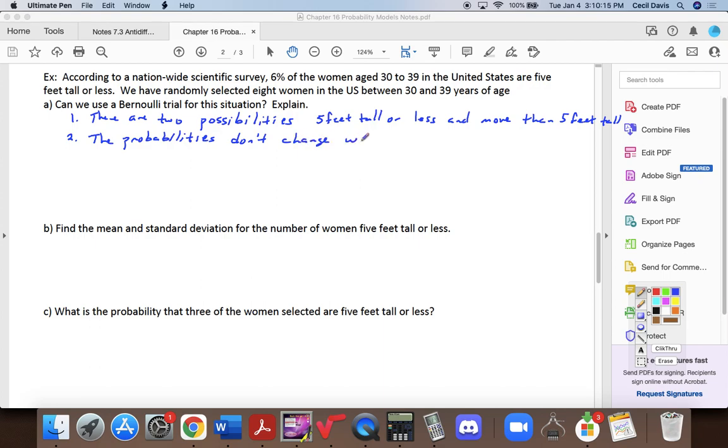It's always 6%. And we'll use a sample of less than 10% of the women aged 30 to 39 in the U.S.